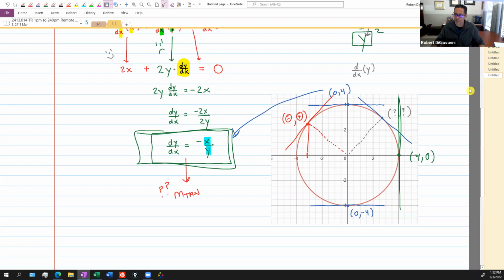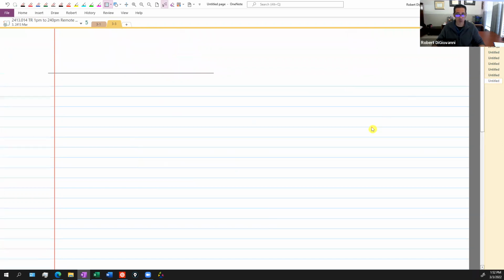And that's pretty powerful, because when you think about things in the real world, let's say you're tracking something on the ground that's moving, and you want to know at a specific point the slope of the tangent line. In a physics class, that slope of the tangent line could represent something like the velocity of that object at that point in time.